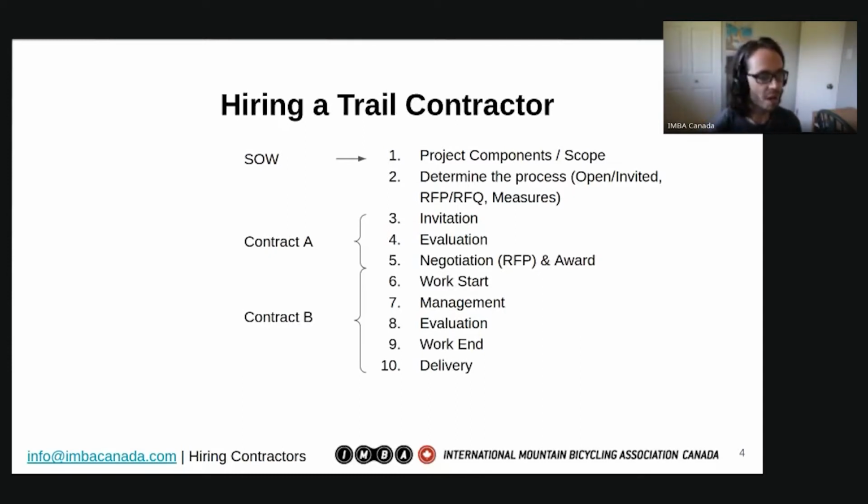And then following that, we have work start, management, evaluation of the product, the work end, and then delivery, final handoff of the product. And so these are generally the steps that we'll go through.